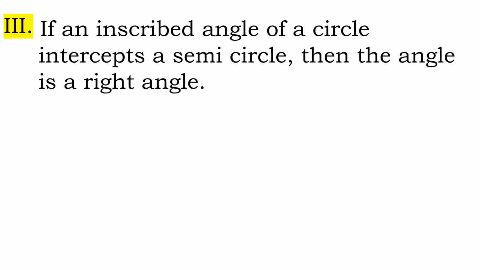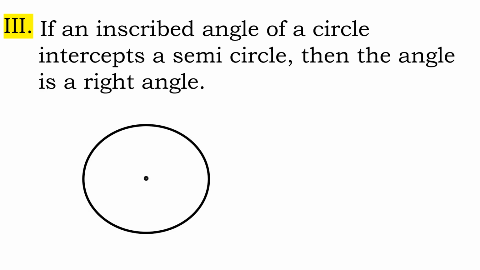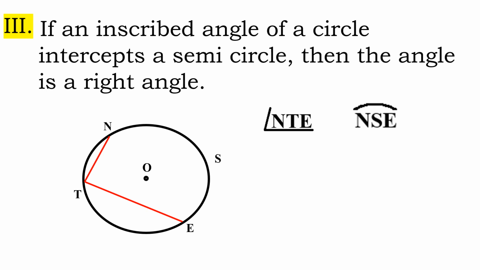If an inscribed angle of a circle intercepts a semicircle, then the angle is a right angle. Example, given angle NTE. Angle NTE intercepts arc NSE.